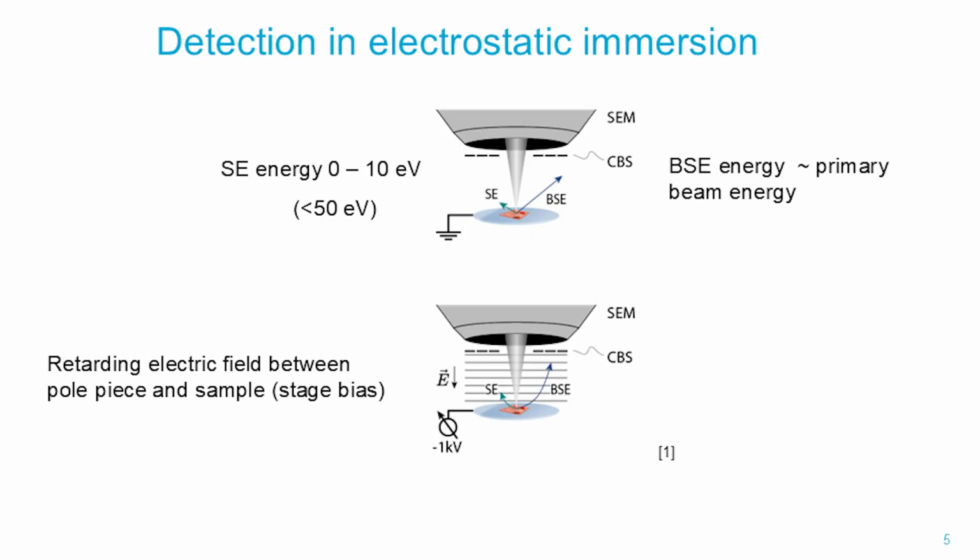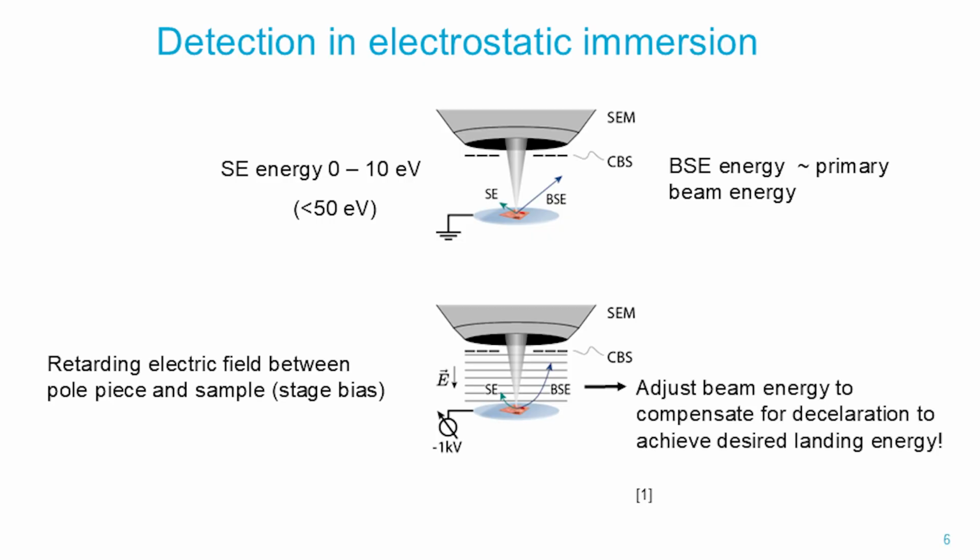Now there's an important thing to realize. In the upper case, if we don't have an electrostatic immersion, we want to look at the sample with an energy of, say, 2 kilo electron volt. The electrons exiting from the objective lens have an energy of 2 kilo electron volt. That's the primary beam energy, and it's equivalent to the energy with which the electrons land on the sample, the landing energy.